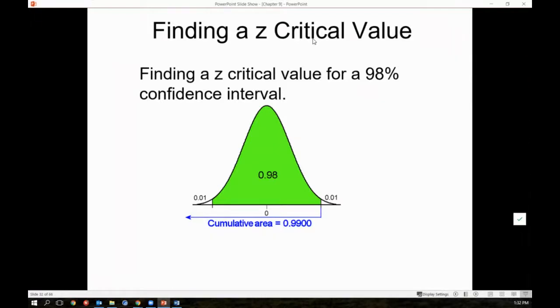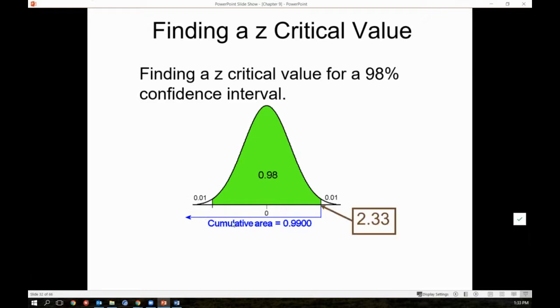Okay, finding a Z critical value. We already got some practice with this yesterday. If we want to find the Z critical value for a 98% confidence interval, then we could draw a normal curve. And if we're 98% confident, that leaves us what percent in each tail? 1% in the first tail, 1% in the second tail.